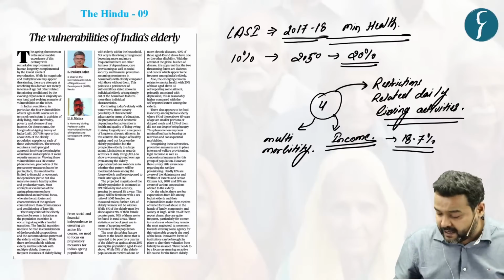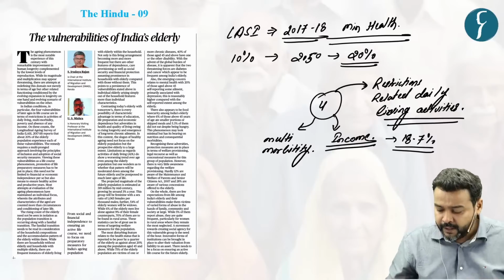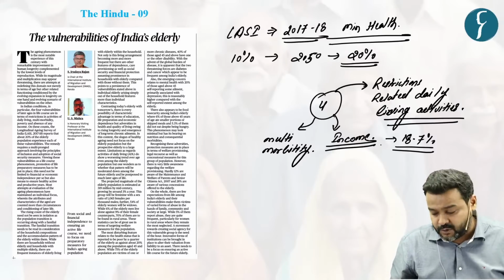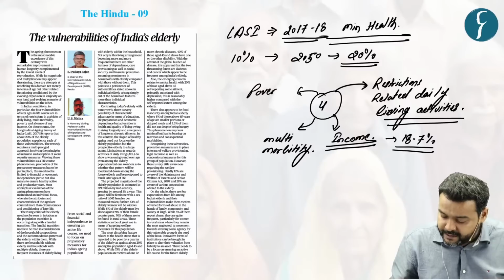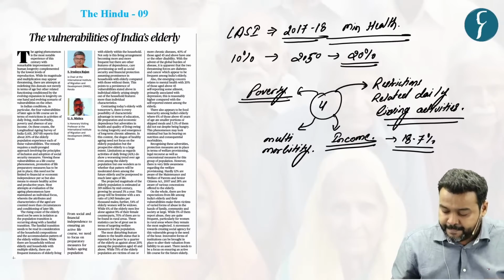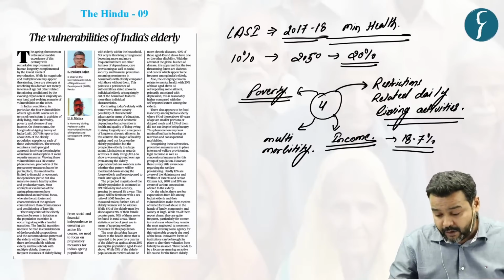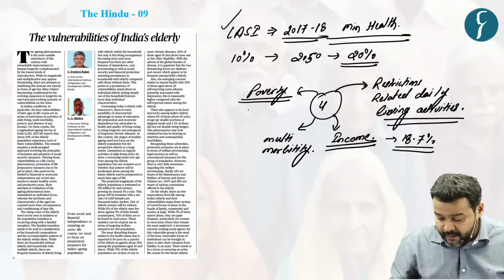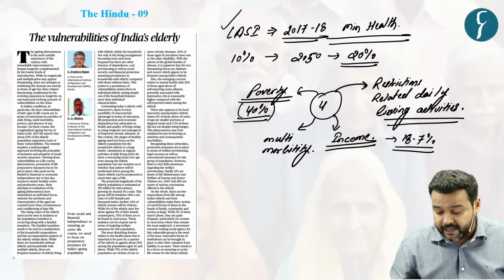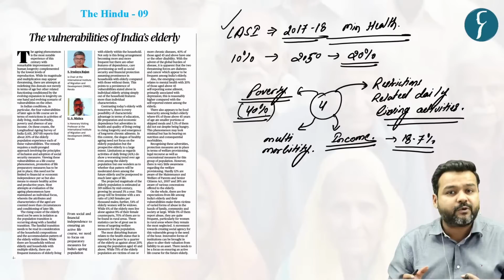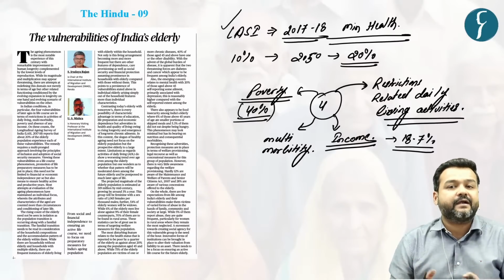Now, fourth and last, due to this lack of income sources, the persistent poverty that is being faced by the elderly in India. And according to the LASI survey, more than 40% of the elderly population is facing poverty, and they form the lowest quintile of the poverty bracket in India.